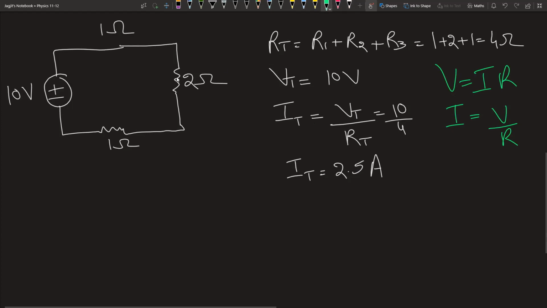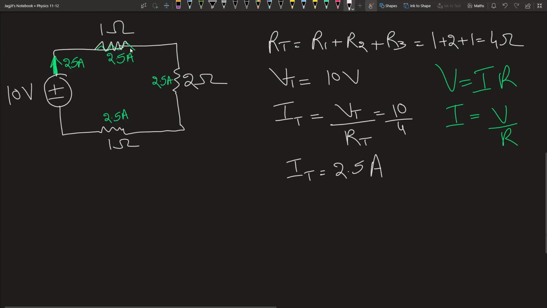Now, what does that mean? It means the current that goes out of this voltage source is 2.5 amps. That means if this is my resistor, 2.5 amps is going to flow through this resistor. And the same current is going to flow through this resistor, and the same current is going to flow through this resistor, 2.5 amps.